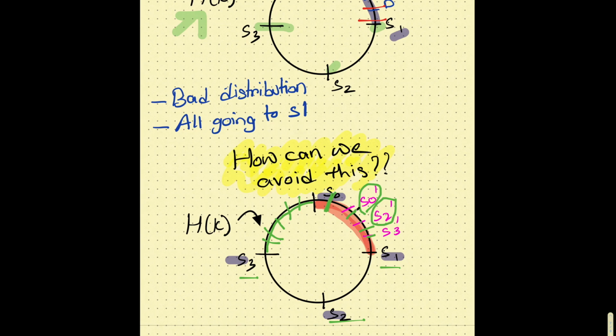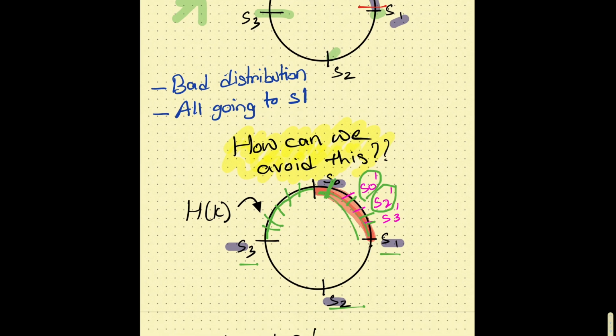If a request comes in here, we hit S2 prime, which is the same as putting the data in S2. This way, the requests here don't all end up in S1, so you avoid the hotspot problem. Now the data is distributed amongst your 4 servers, even if your hash function is very bad and always spits out a number in this region.